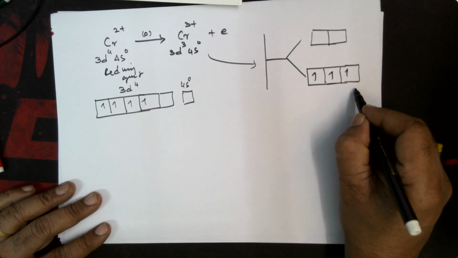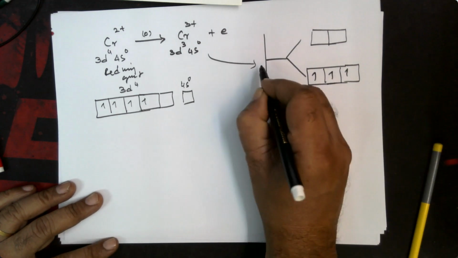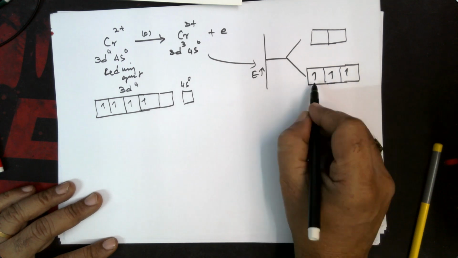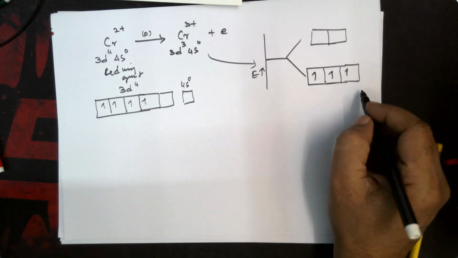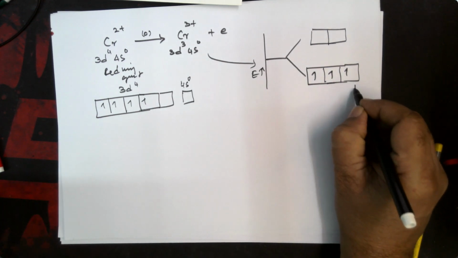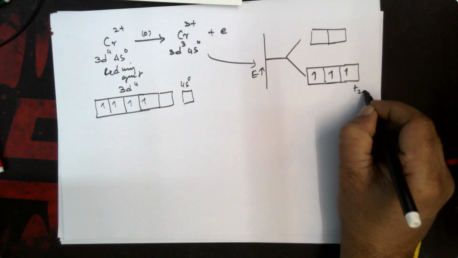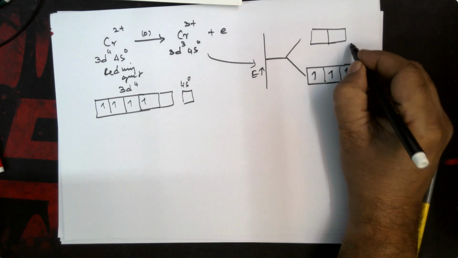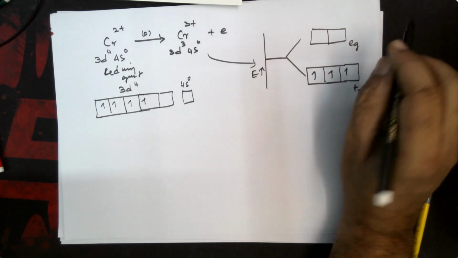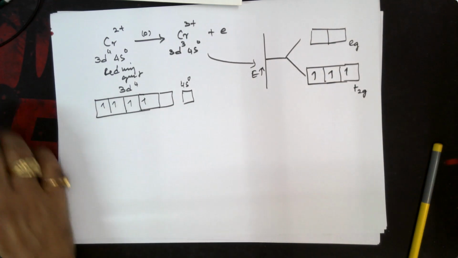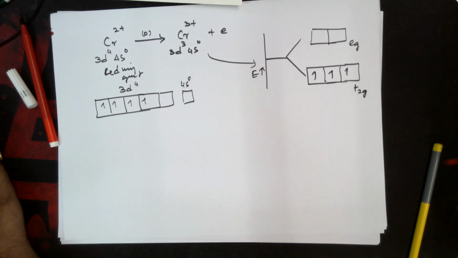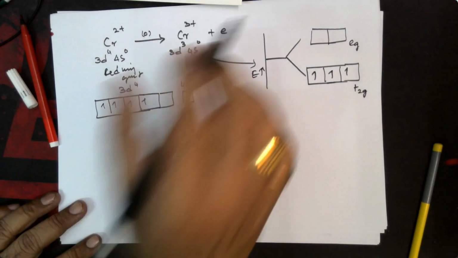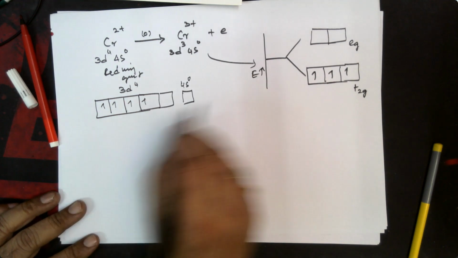What do you call this orbital? It occupies the lower energy, the 3 sets. T2G. Are you able to recollect? And this is EG. Because of this splitting, chromium 3 plus is highly stable. Why?